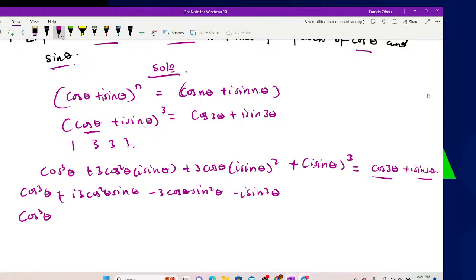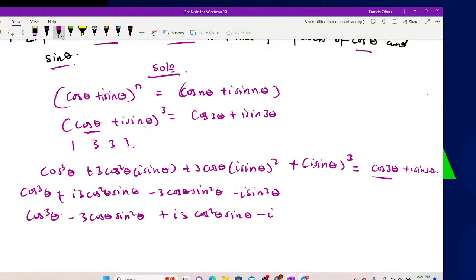Before we separate them, let's do some little expansion here. cos³θ, right? Then the other real part will be minus 3 cos θ sin²θ, plus 3i cos²θ sin θ, right?